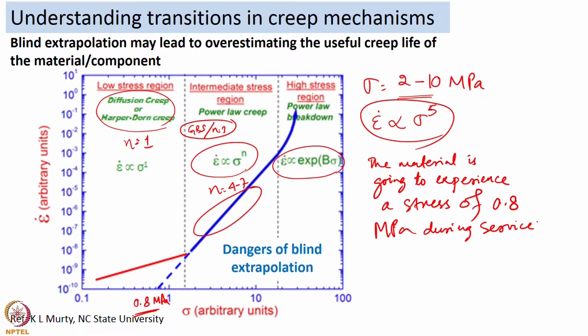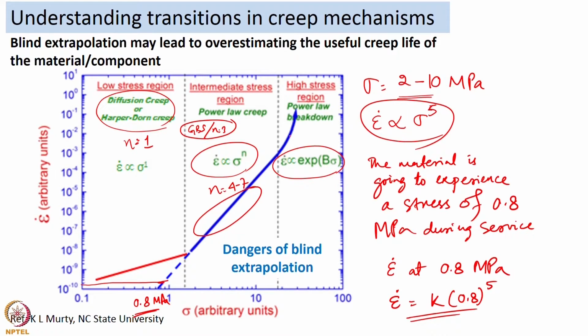Based on your accelerated tests, you said okay, I can find out the strain rate of deformation at 0.8 MPa by basically plugging in 0.8 to the power 5. So, you decided that the strain rate of deformation at 0.8 MPa applied stress will be somewhere in this range. That is what you concluded will be the strain rate of deformation based on your high stress tests.